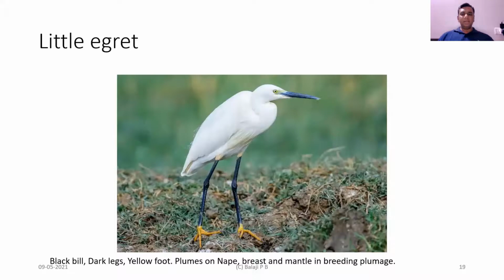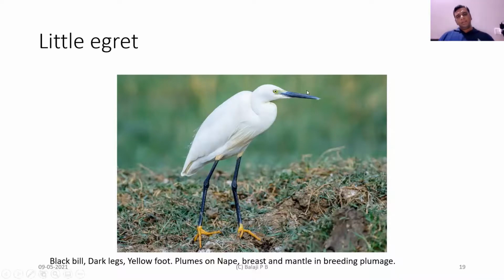Now coming to the little egret, which is again another fairly common bird, but you'll tend to see little egrets more in the wetlands rather than in the agricultural fields. Whereas the cattle egrets are a little more widespread when compared to the little egrets.